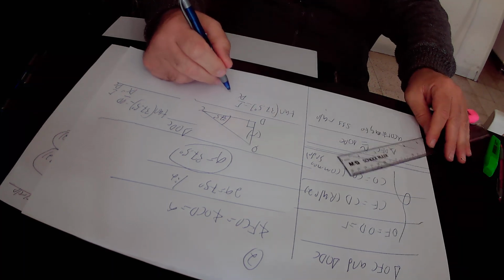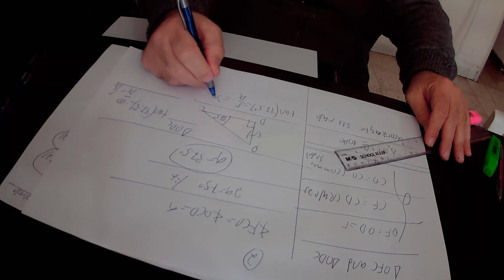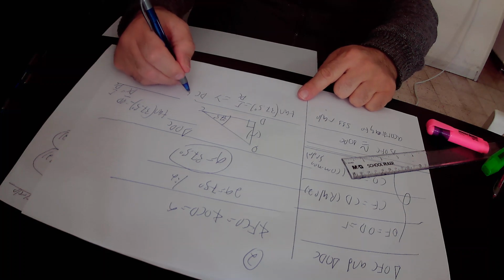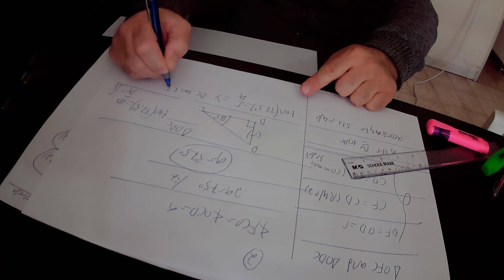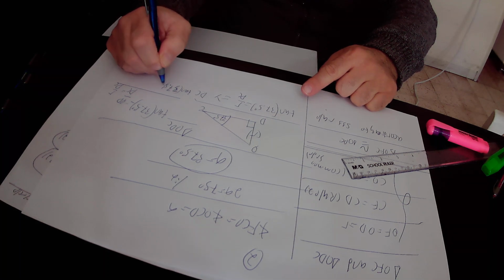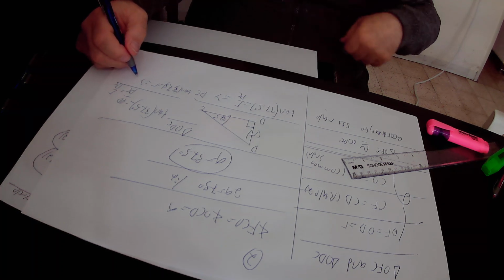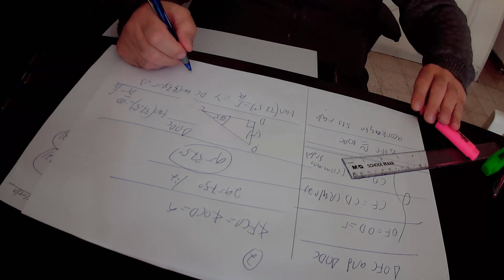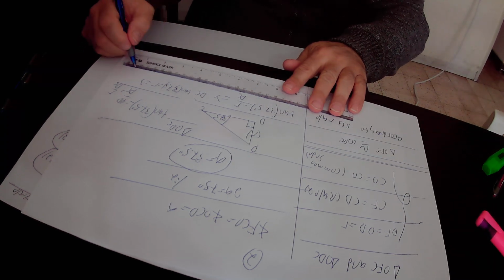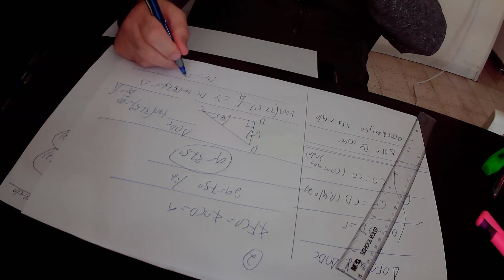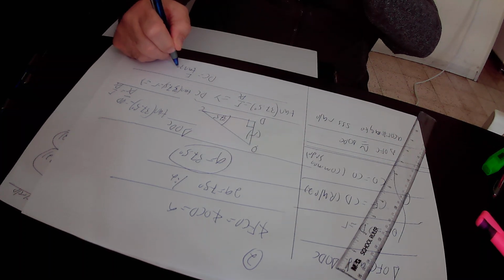Here we multiply this equation by DC and we get that DC times tangent 37.5 degrees equals R. Here we will divide this equation by tangent 37.5 degrees and finally we get that DC equals R over tangent 37.5 degrees.